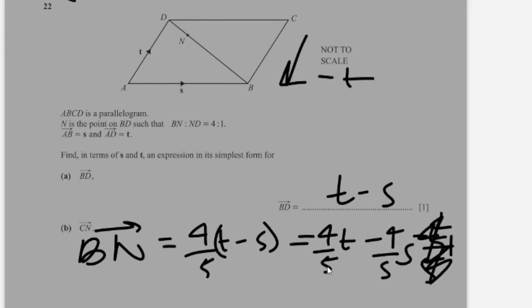Okay, so here we have 4/5T minus 4/5S minus T, which would give us the answer as minus 1/5T minus 4/5S.